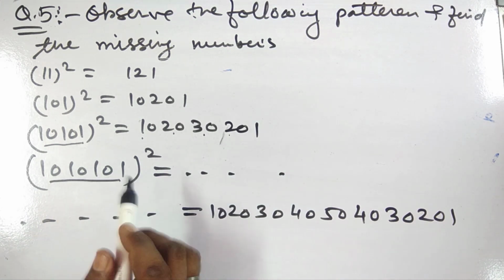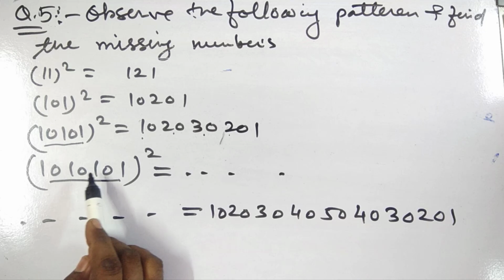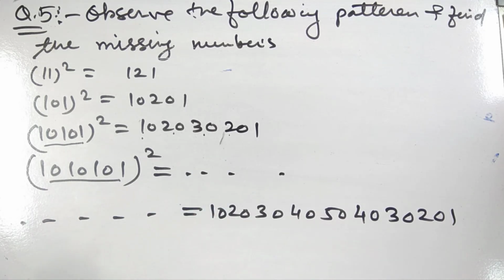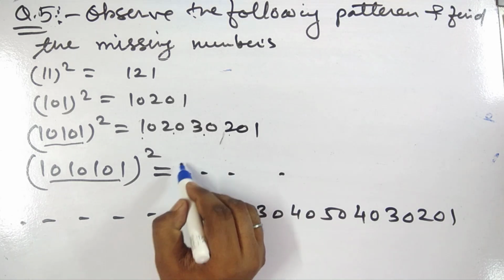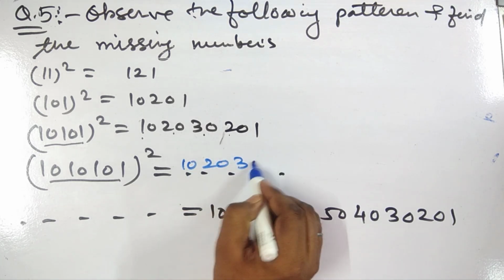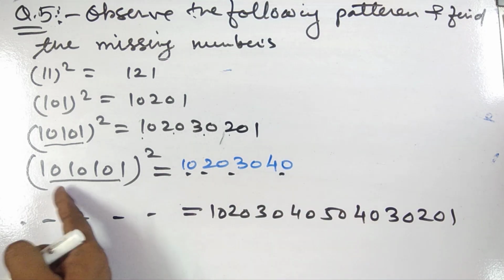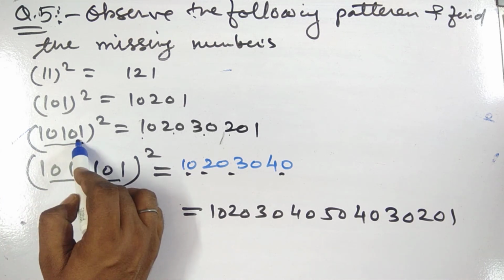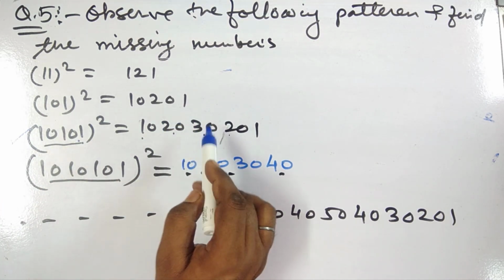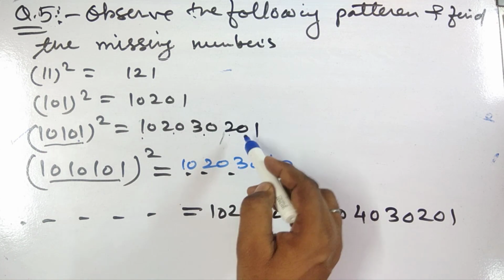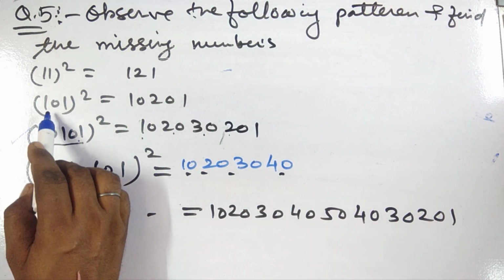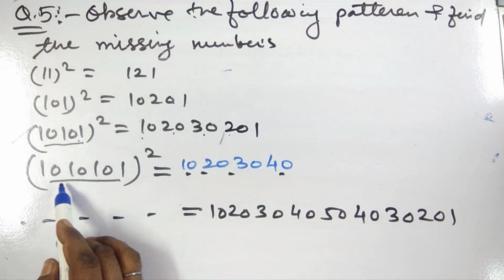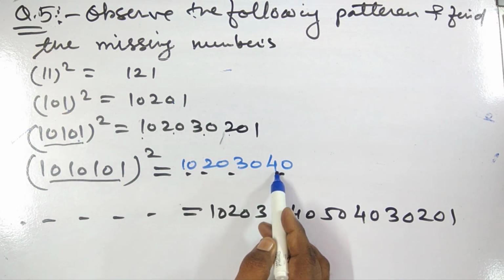In this number, 1 plus 1 plus 1 plus 1, 4 times 1 is given. It means 1 0, 2 0, 3 0 and 4 0. And where 2 times 1 is given, then 1 0, 2 0, 1.